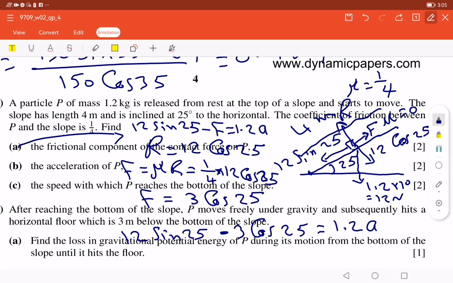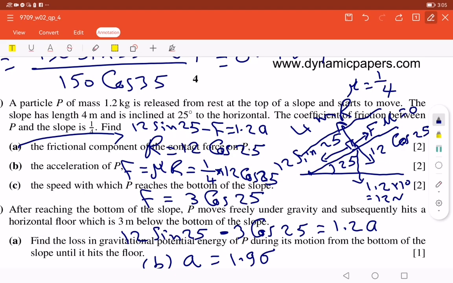So divide both sides by 1.2 to get a equals 1.96, corrected to 3 significant figures. By the way, this is item B. But item A, the frictional force.